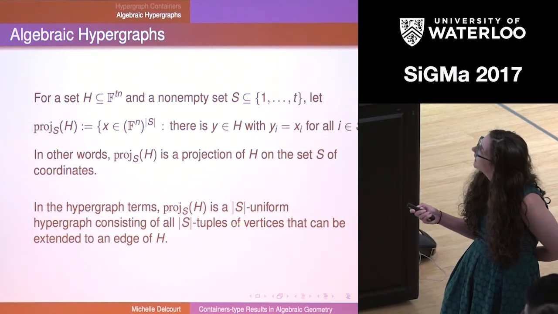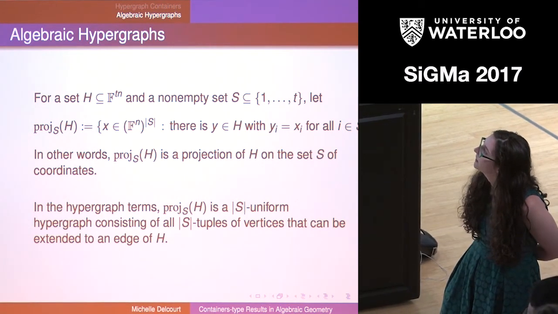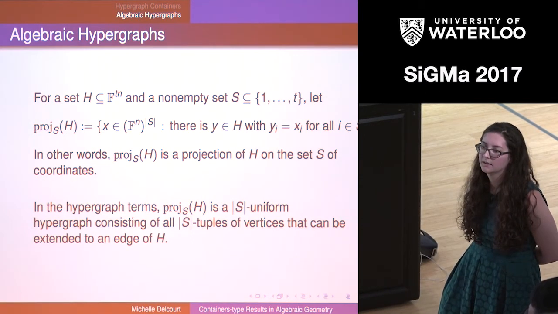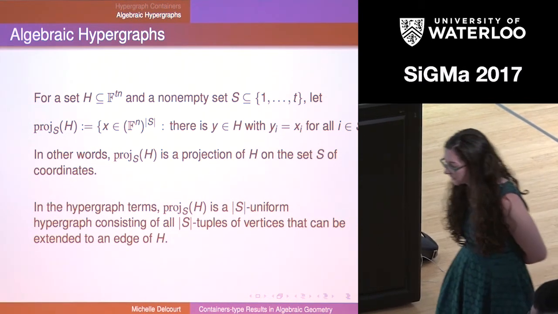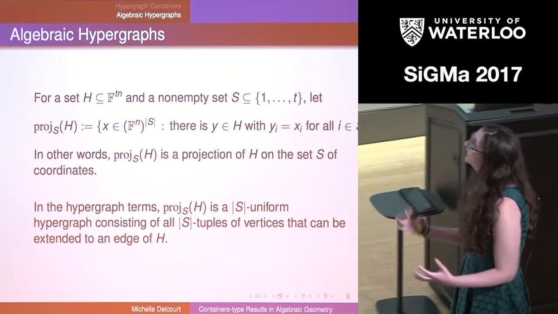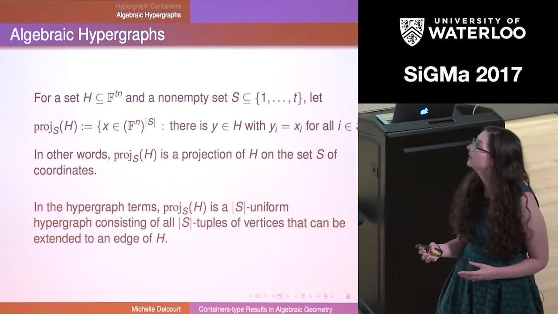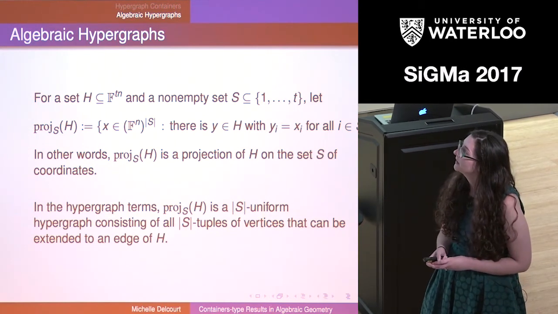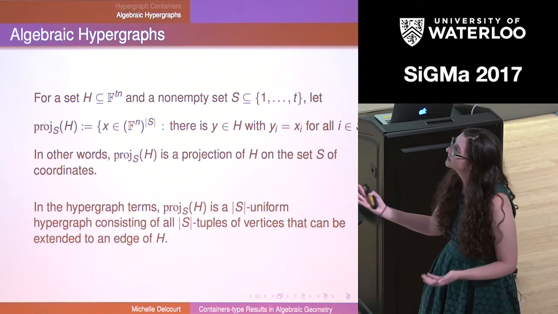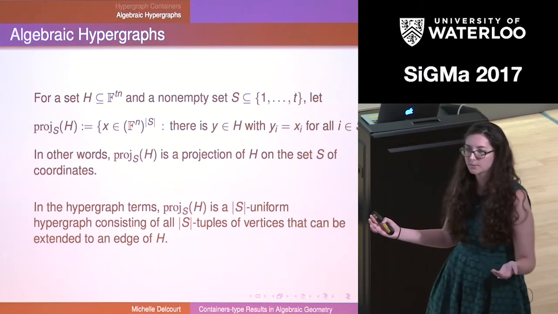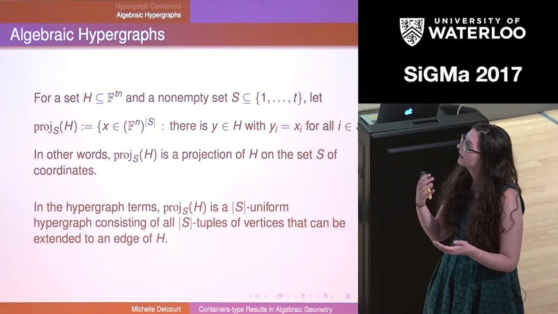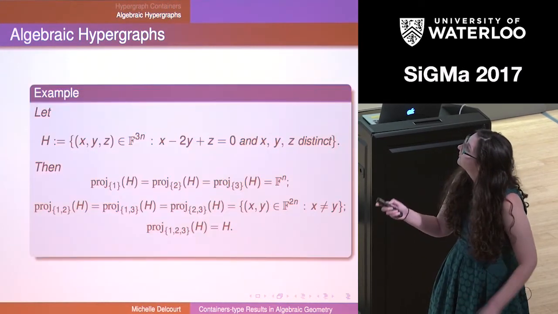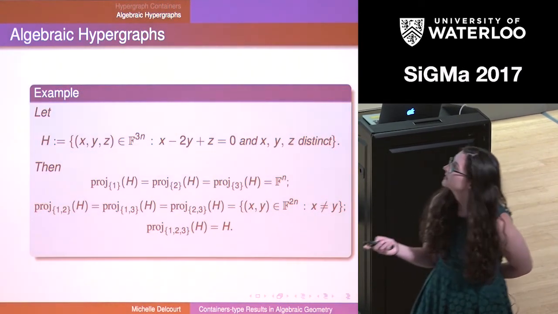And so you're looking at S-uniform hypergraphs consisting of the tuples that can be extended to the edges. So, before with our codegree conditions, we were really concerned about extending things to proper edges. So here, by formulating things in terms of projections, we can talk about the dimension of the projections, which is talking about how many edges live here. And so we can reformulate things in terms of the projections.